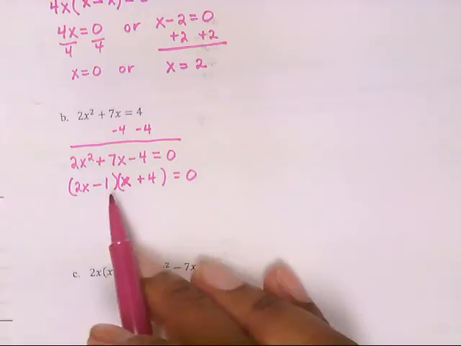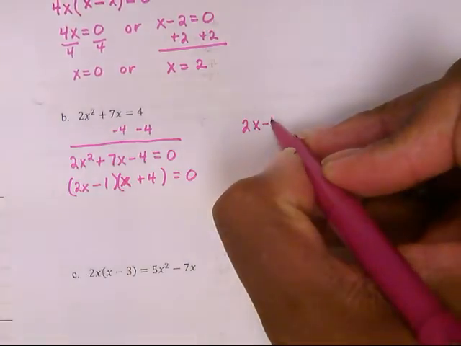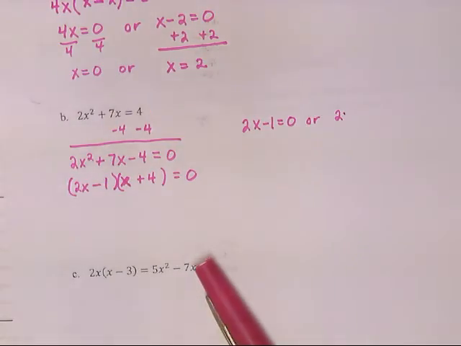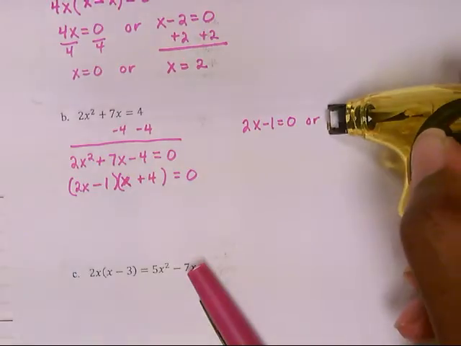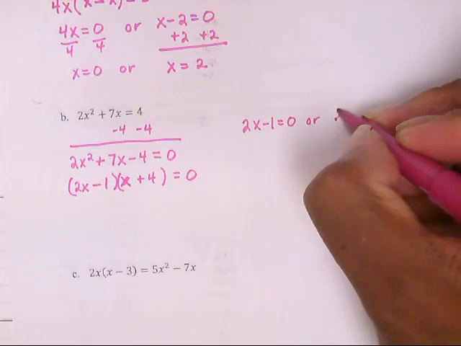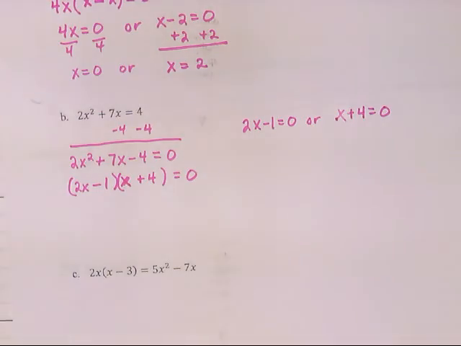And then we set each binomial factor equal to 0. So this means 2x minus 1 equals 0 or x plus 4 equals 0. And then for each equation, I'm going to solve for x.